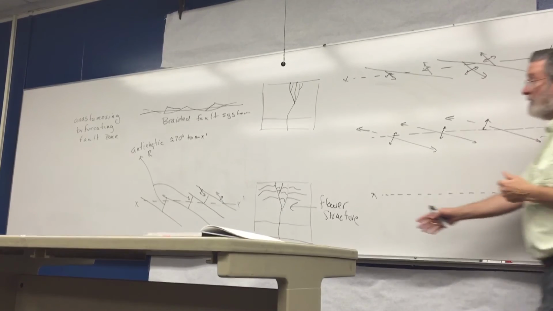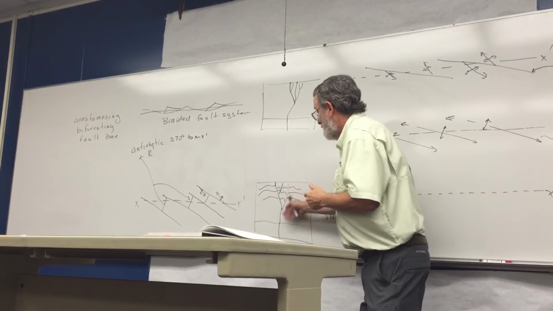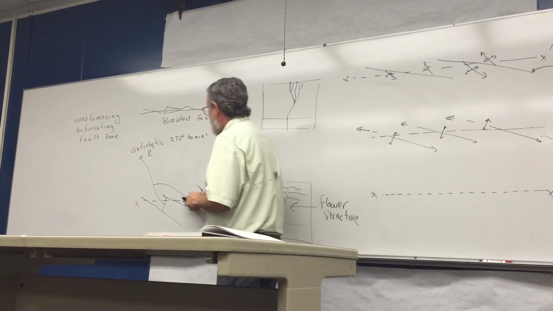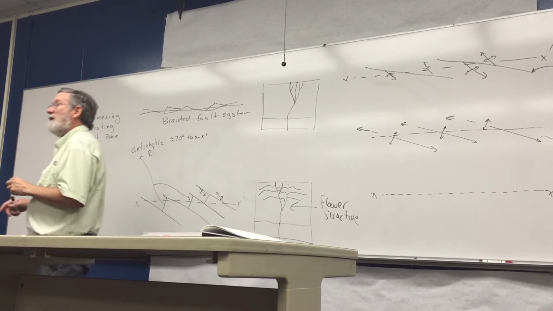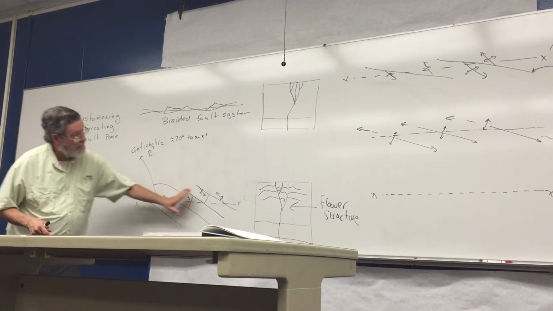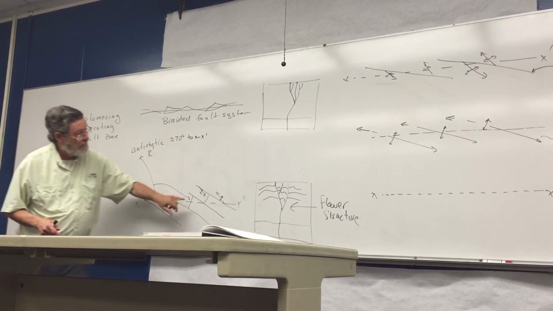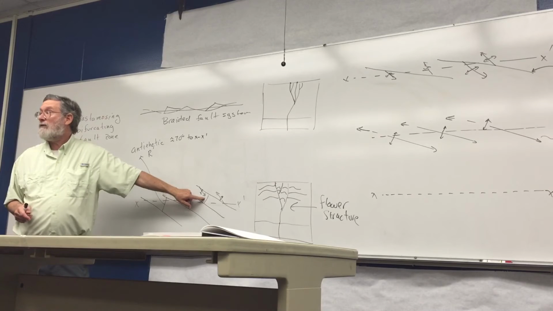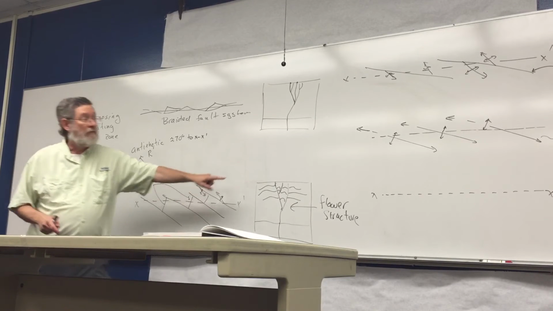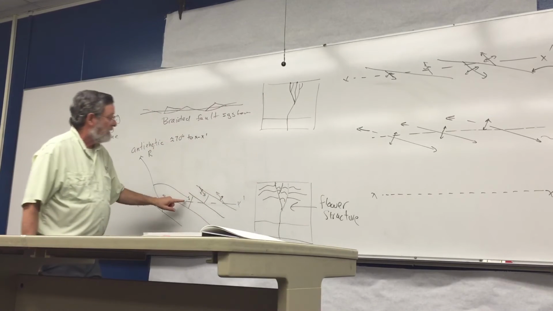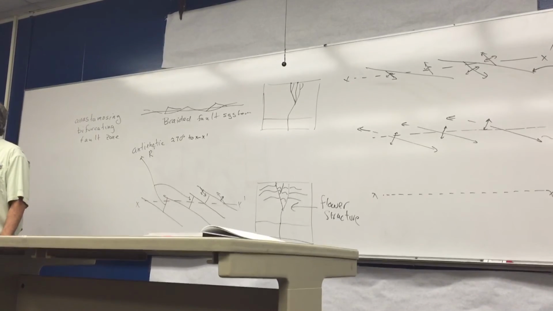Then we start seeing a well-developed flower in the subsurface. Our prime faults come in the system. What we find in this particular case, these are antithetic. That means these would be left lateral. These here are right lateral. These would give you left lateral displacements in that particular system.